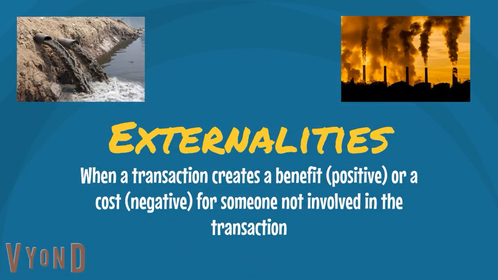So we've already talked about what an externality is a long time ago, but it never hurts to remind ourselves. An externality is sometimes also called an external cost or an external benefit. An externality occurs when a transaction creates a benefit, which is a positive, or a cost, which is a negative, for someone not involved in the transaction.